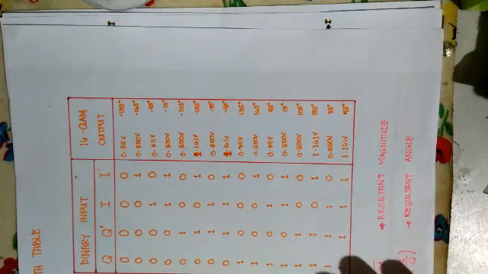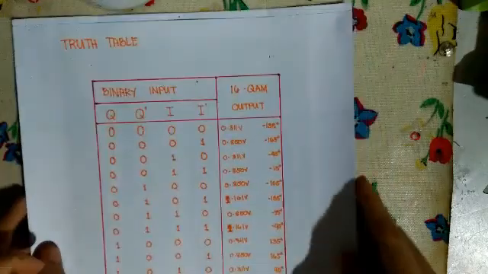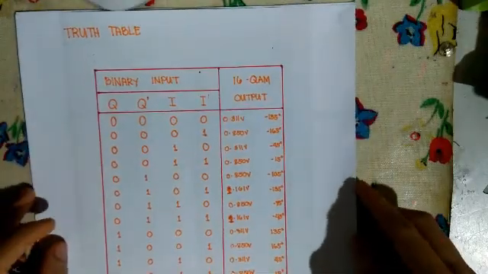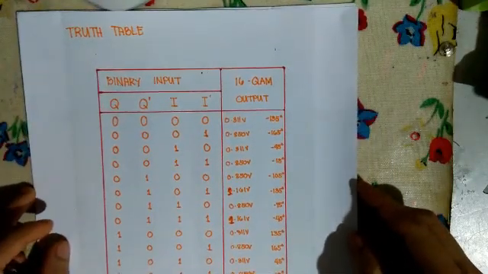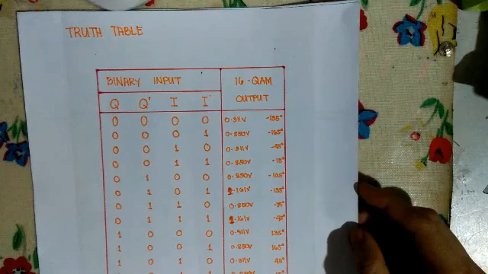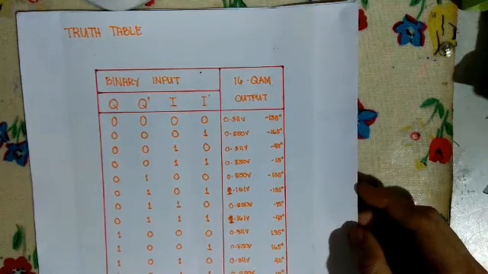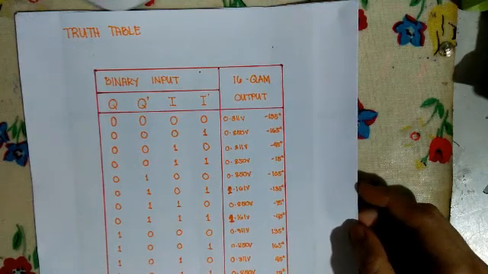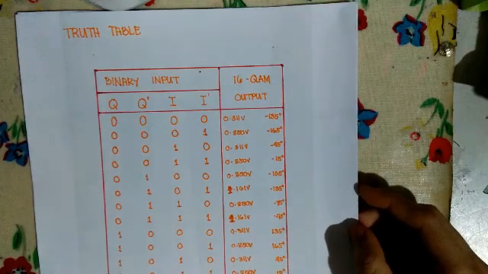So now let us determine the truth table for the 16 QAM. There are 16 codes or quad bits present, so we will determine the magnitude as well as the angle of these codes.